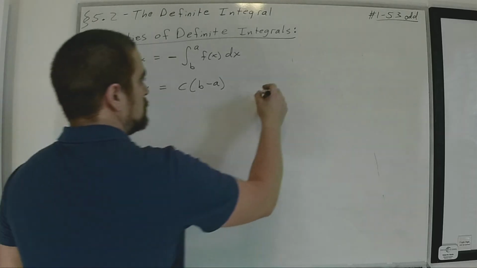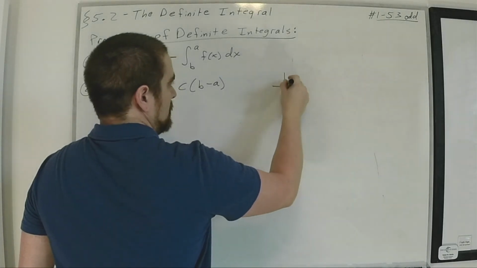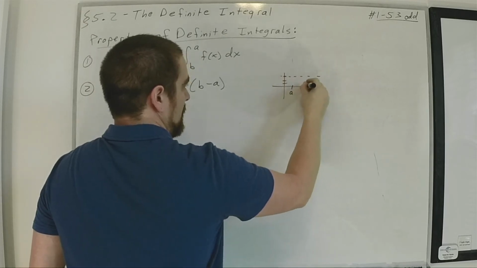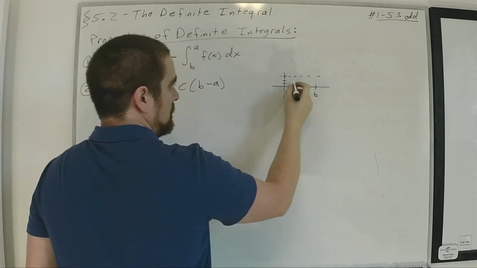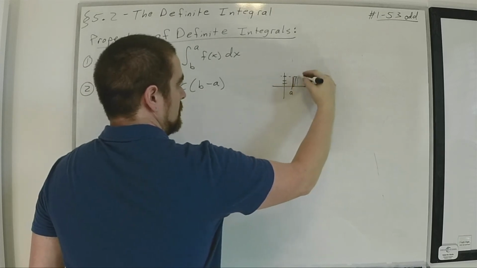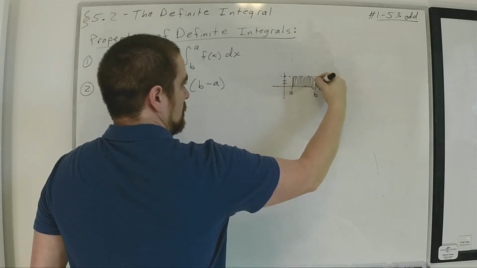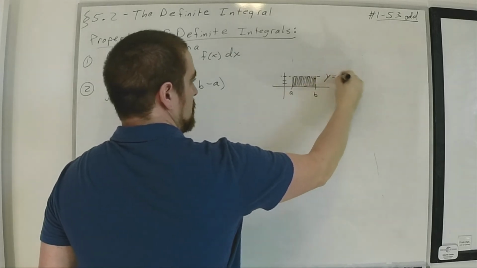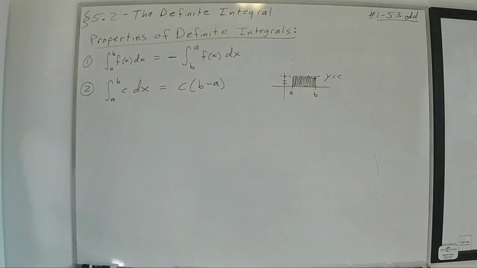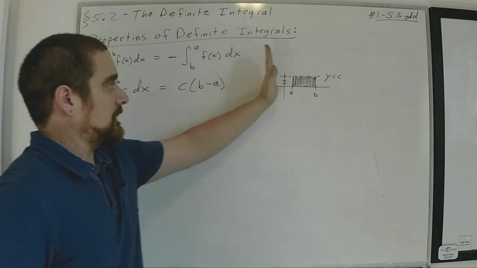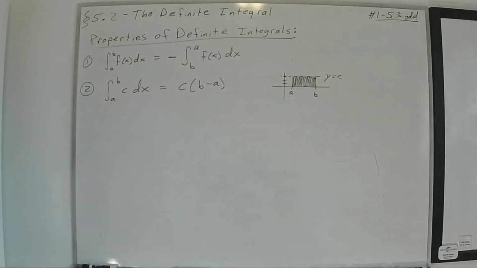Again, what this really shows is, since area is the only concept we have for right now, if I go from a to b with this constant function, I'm finding all those infinite rectangles underneath that constant function y equals c, which is just a horizontal line. So it's not just going to be c, it's going to be c times whatever the length of that interval is.